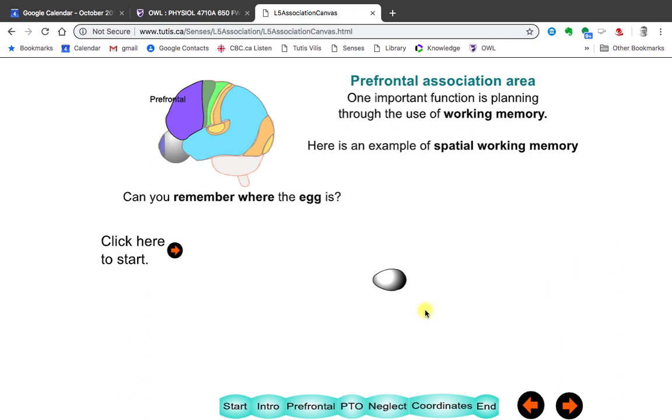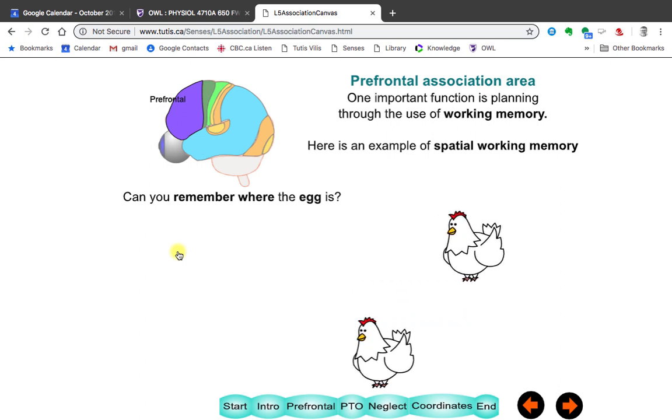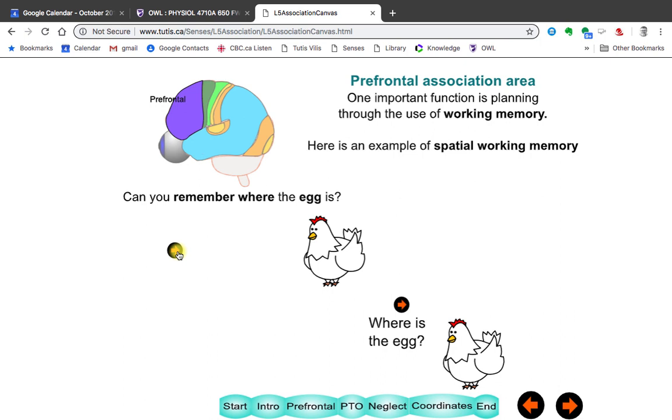So to test it, I want you to remember where this egg is. Okay. Is the egg under here, or is it under here?